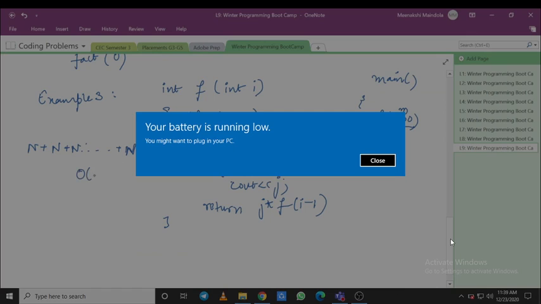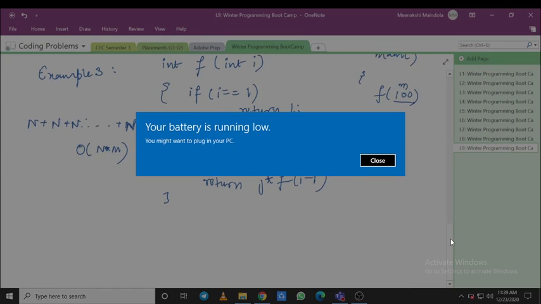This will result to order of n into m, right? Because every time it is going to run a loop starting from j is equal to 1 to j is equal to n. So this is what it is going to be. Is this clear to everyone? Shall we move ahead?